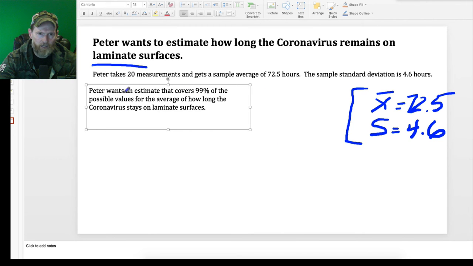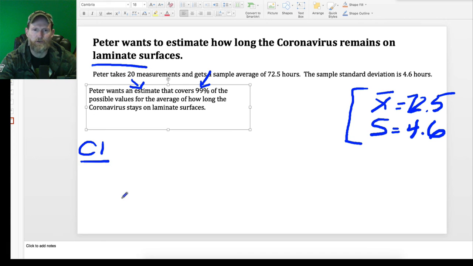Well, he wants an estimate that covers 99% of the possible values for the average of how long the virus stays on laminate surfaces. So it's not necessarily that 99% alone that tells us this is a confidence interval problem. But this word estimate is the same thing as a confidence interval. That's what a confidence interval is.